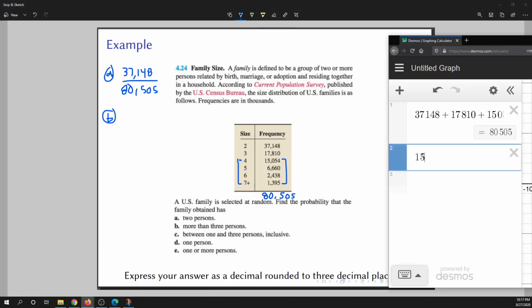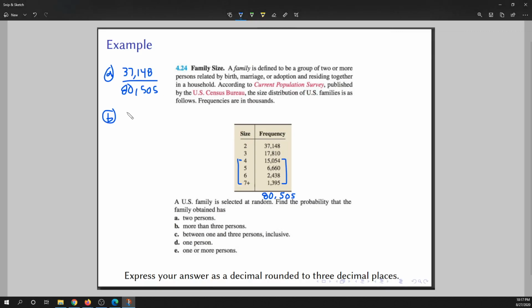So you get 15,054 plus 0 plus 2,438 plus 1,395, so 25,547 all over 80,505. Again, you can just convert that to a decimal by dividing those two.